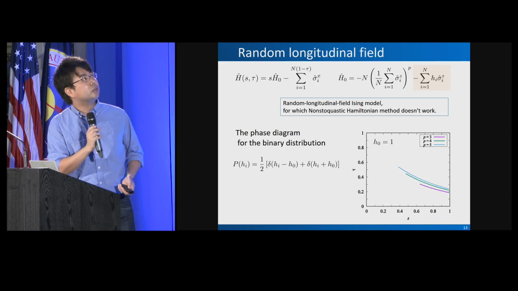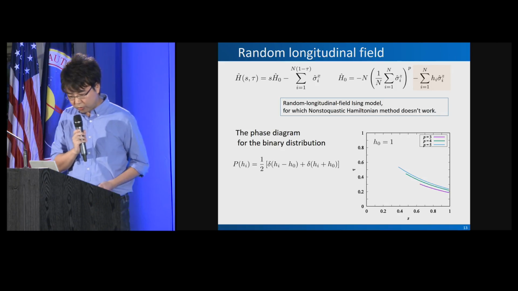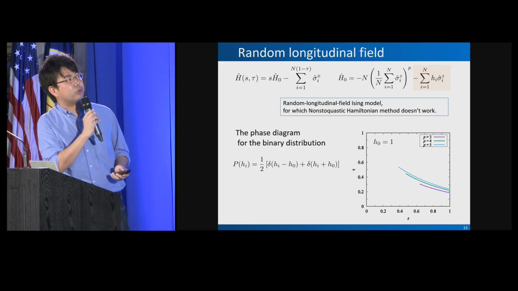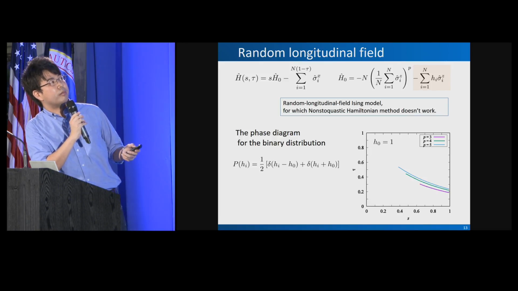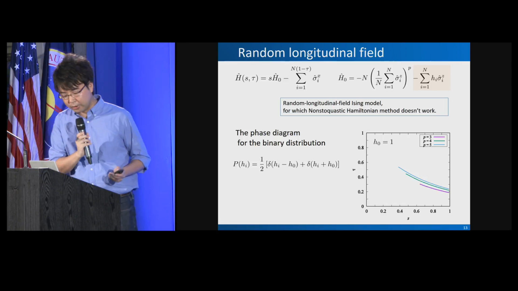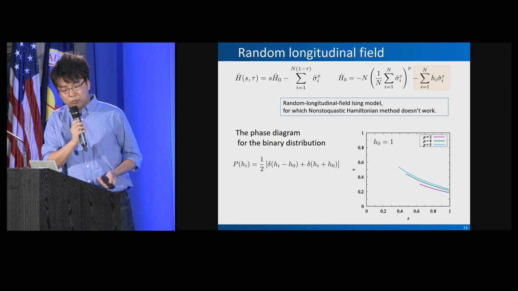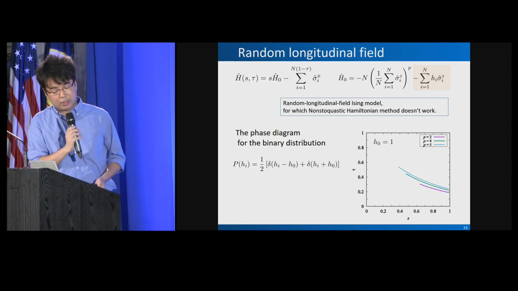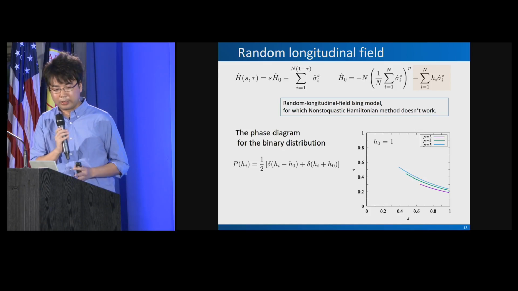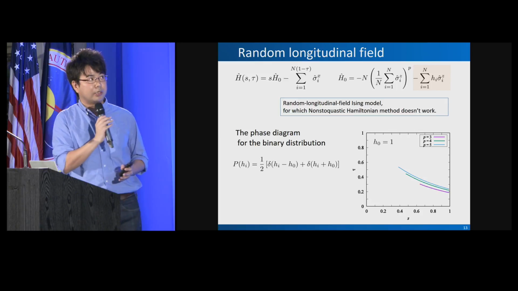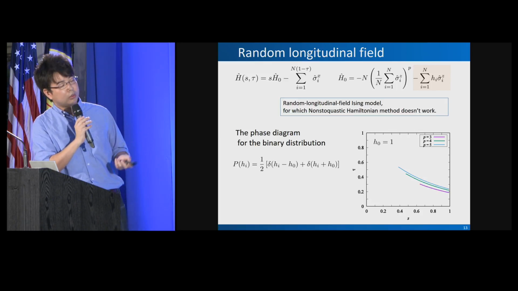So next, we also consider the case when the target Hamiltonian has not only the p-spin Hamiltonian, but also the random longitudinal field. For this model, the non-stochastic Hamiltonian method doesn't work, which means the non-stochastic Hamiltonian does not remove the first-order phase transition for this model.